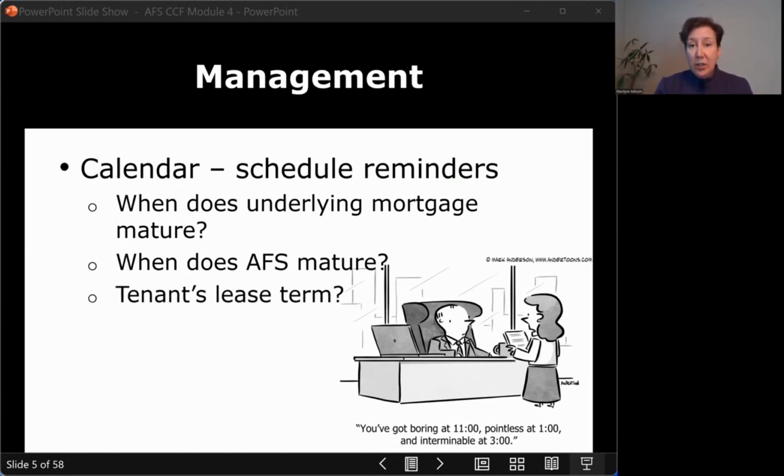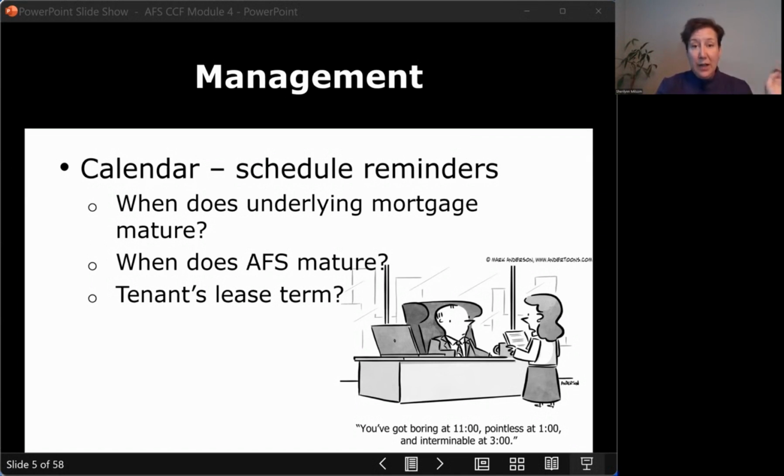The tenant's lease term is very important, especially if it's a rent to own tenant. Now, if you have a regular tenant and you're either selling or refinancing, then it's not such a big deal, or renewing. But if you have a rent to own tenant where they need to get their own financing in place, then you need to keep track of that, make sure that they have a couple of months to get their financing approved before your underlying mortgage comes due, because otherwise, you're going to have a bit of a time crunch with everything happening at the same time.